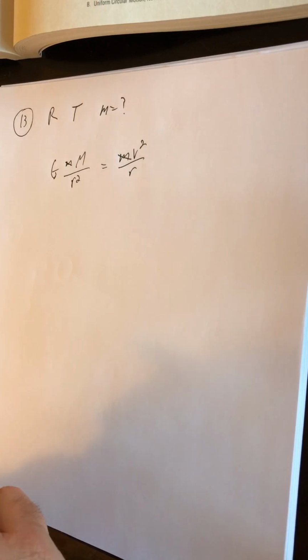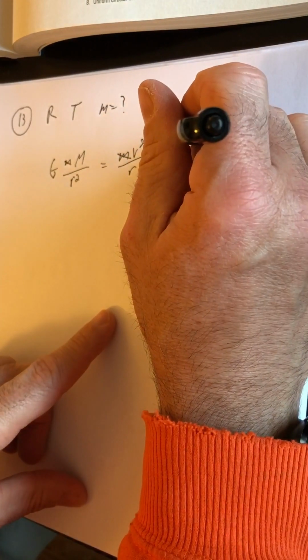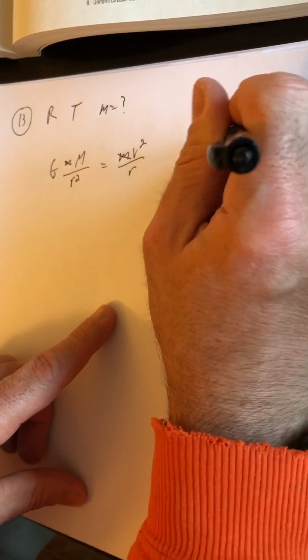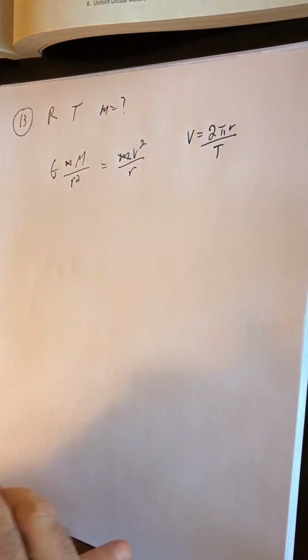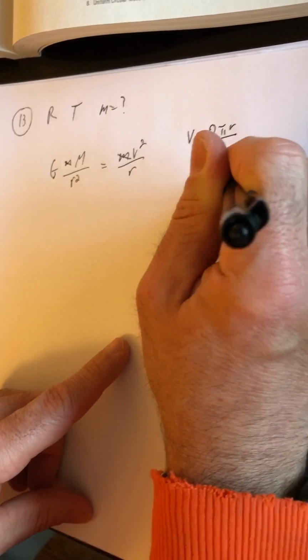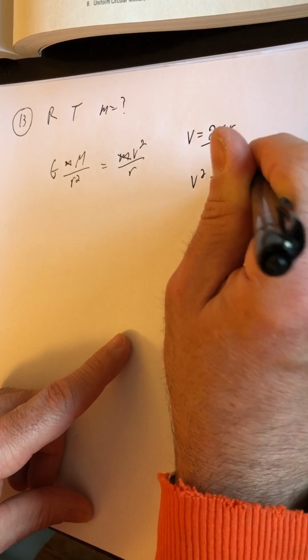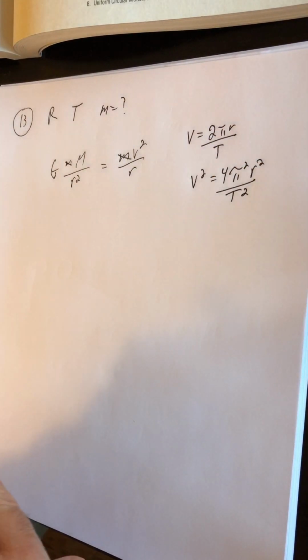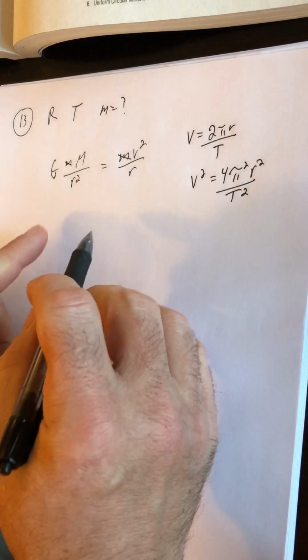So the masses cancel out, and the velocity is going to be equal to 2 pi r over T. So velocity squared is going to be 4 pi squared r squared over T squared, right? I've got to square all those things.